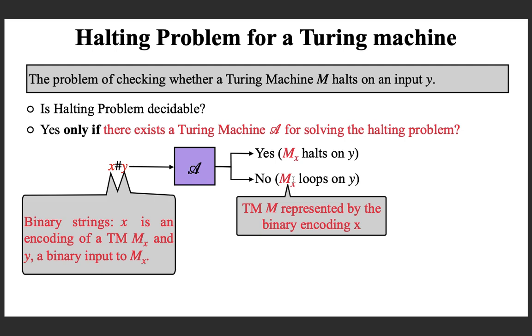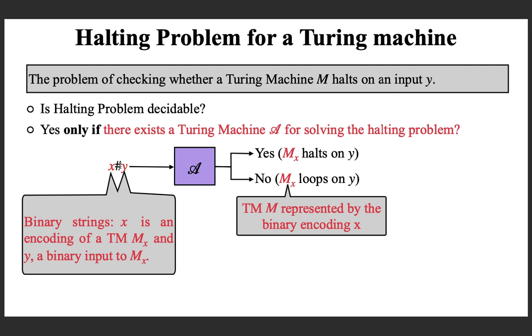So if you are assuming that the halting problem is decidable, then by definition of decidability or computability, there exists a Turing machine A which takes as input a binary encoding X. X is a binary string, which is an encoding of a Turing machine M, and the notation MX stands for the Turing machine M whose binary encoding is X. And what is the other input?